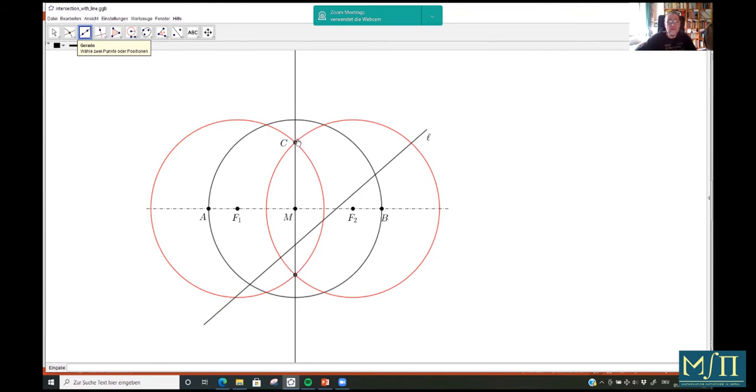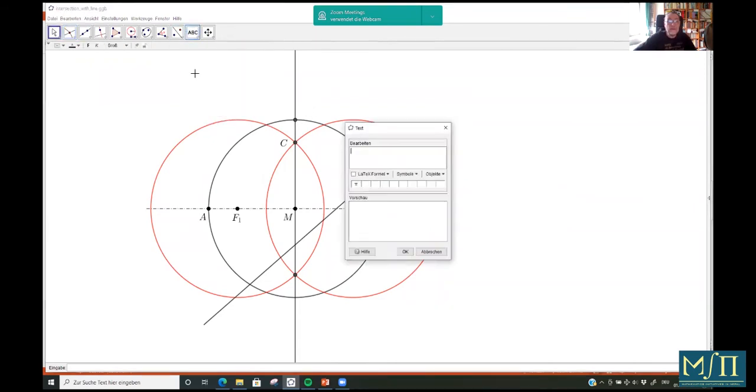And where this intersects the circle is the point C prime. It's the point that C maps to in this mapping of the ellipse to the circle. So I can intersect here, and this point of intersection is then the point C prime.